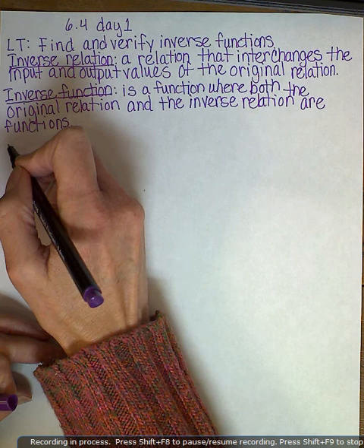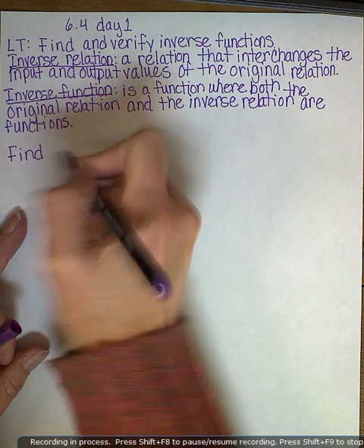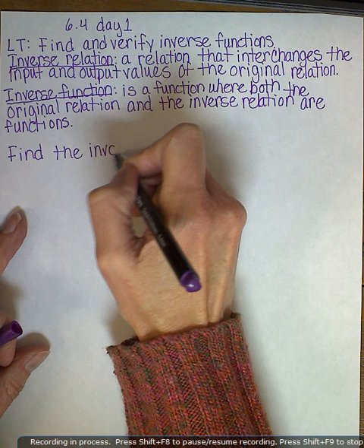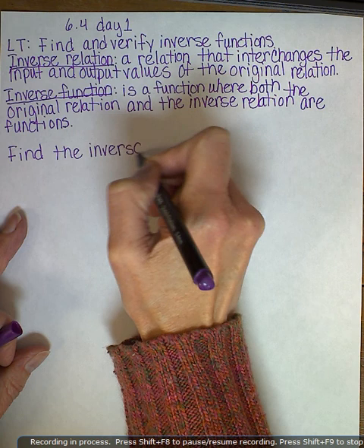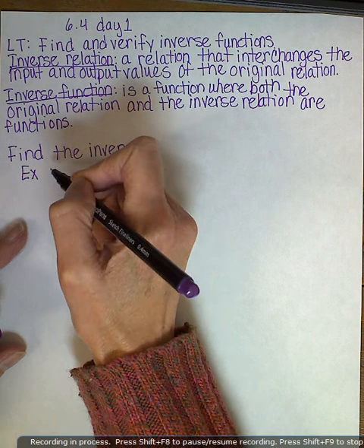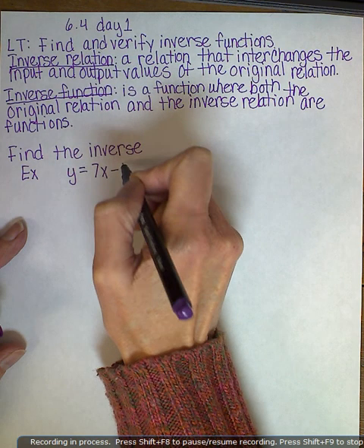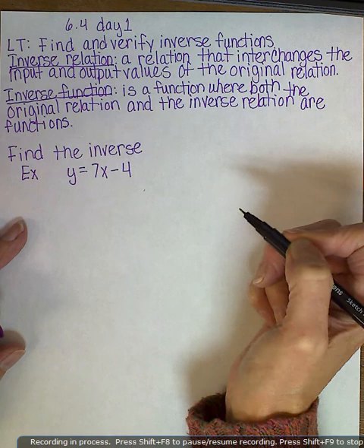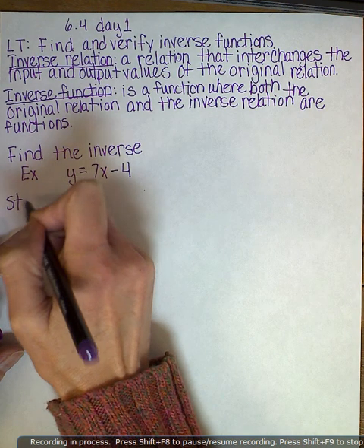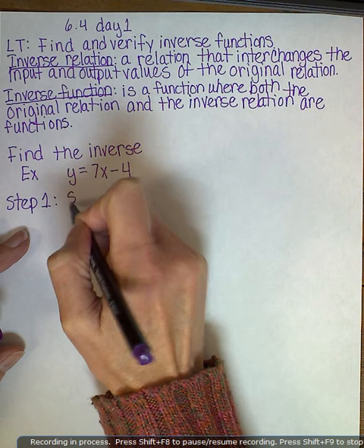The first thing we're going to do is learn how to find the inverse function. So, for example, if you started with the linear function 7x minus 4. To find your inverse, the first thing you're going to do is switch x and y.